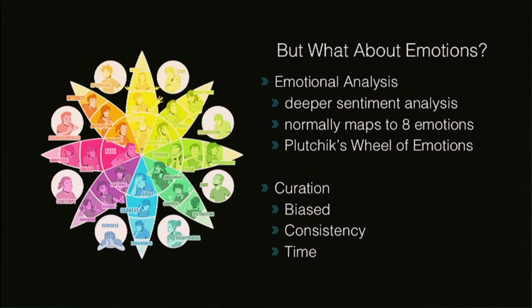But emotional analysis digs a little bit deeper than that polarity and tries to judge the content and provide an emotion for that content. Most of the emotion analysis engines that I came across mapped to about 8 emotions, and those 8 emotions for the most part correlate with Plutchik's wheel of emotions, which you see there on the left.